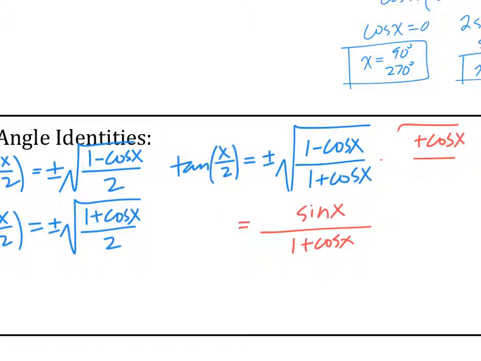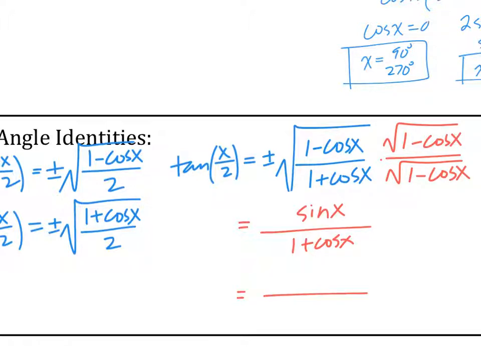The third one, we're going to do the same thing, except we're going to rationalize the numerator. So 1 minus cosine on top and bottom. Okay, so this is the third one. Notice that in the top, in the numerator, we're multiplying the same thing to the same thing, so that is going to be a 1 minus cosine.